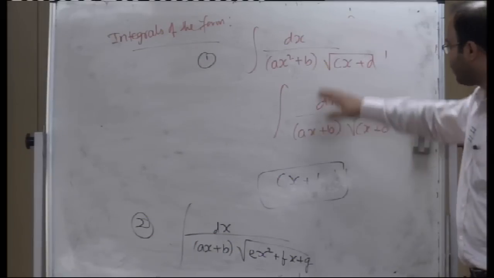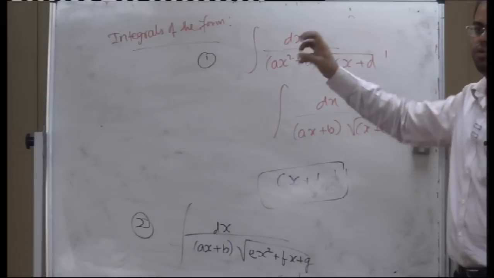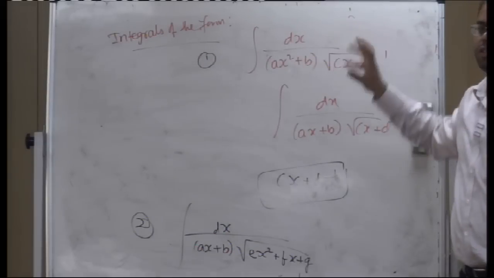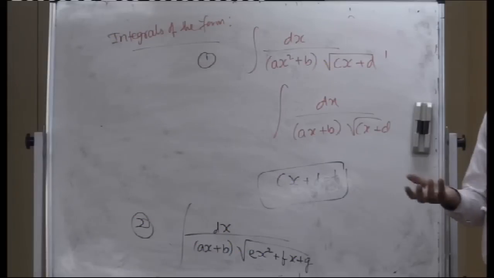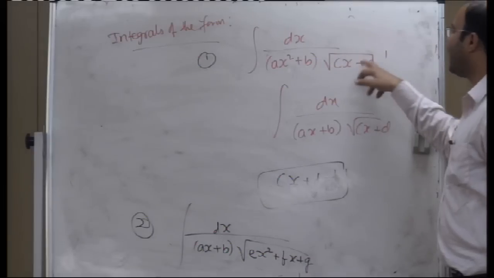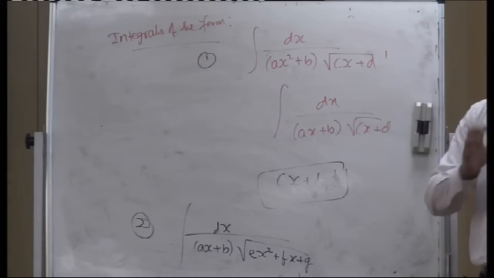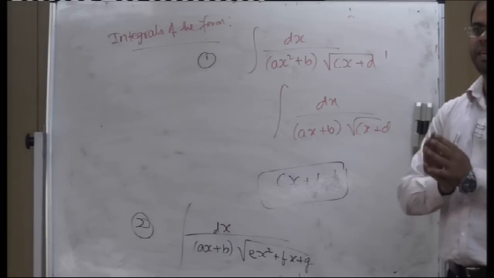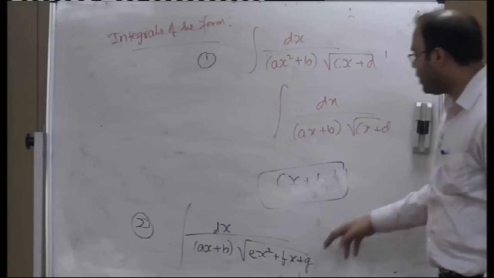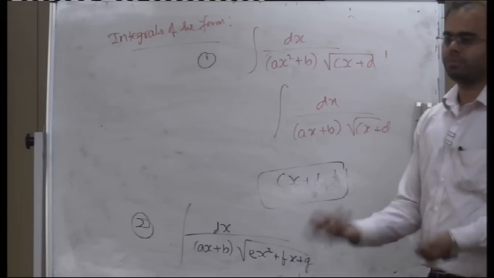In the previous one, if you don't know the theory of this application and you have been given a question like this, to some extent you can come to a conclusion that let us put cx plus d, which is inside the under root, as t, so that we get rid of the under root in terms of the variable. But here it is quite difficult to think, but we have to substitute.